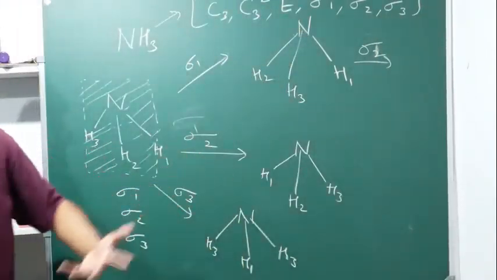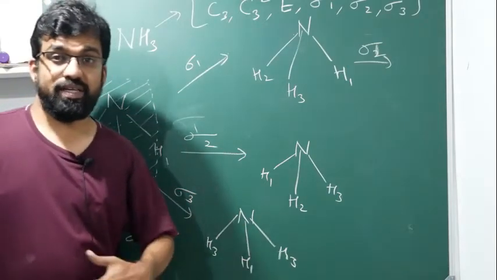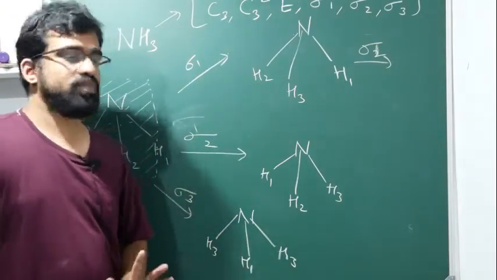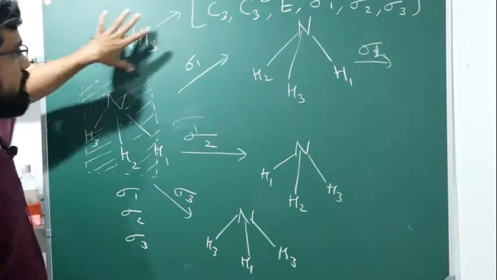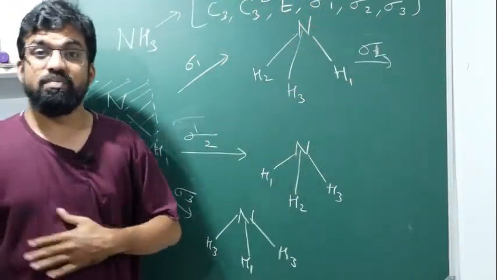Are any other symmetry elements there? No, inversion is not there, C2 is not there. So this is your complete set of all symmetry elements.